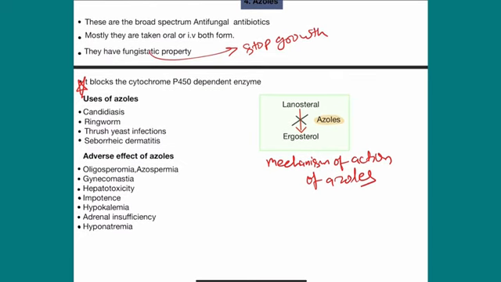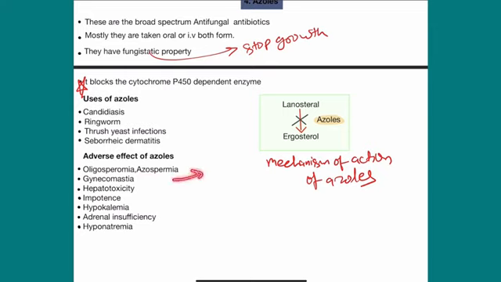What is the adverse effect of the azoles? Adverse effects of azoles are oligospermia and azoospermia, means genital problems occur in male and female both. Mostly oligospermia occurs in males. It causes oligospermia, azoospermia, gynecomastia, impotency.